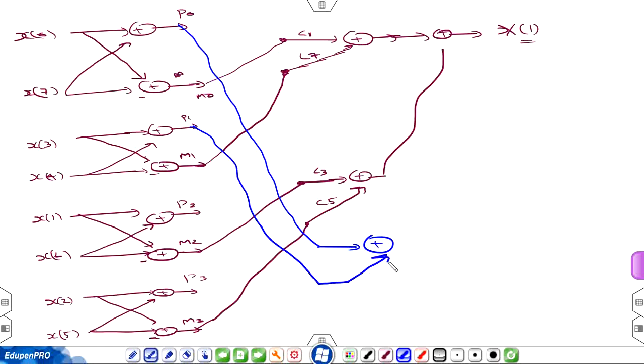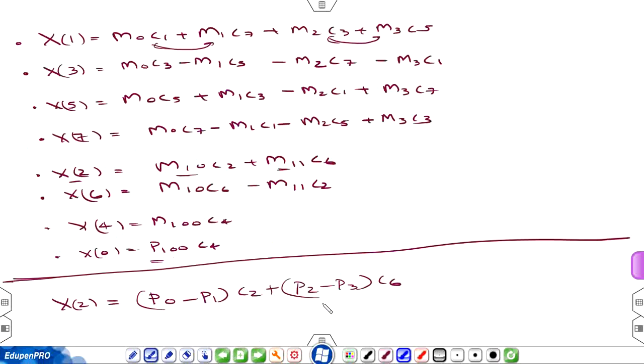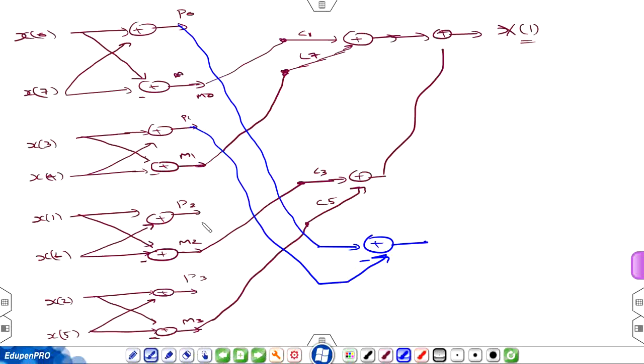Okay, so this will be minus, and next is p2 minus p3. So this is p2, minus p3, minus operation.